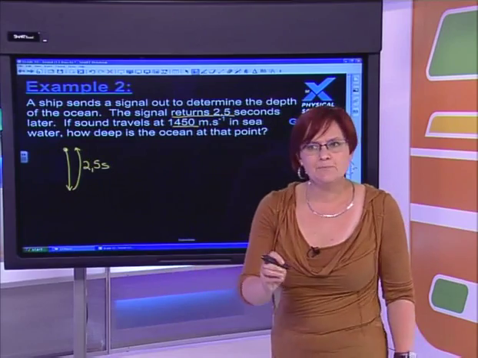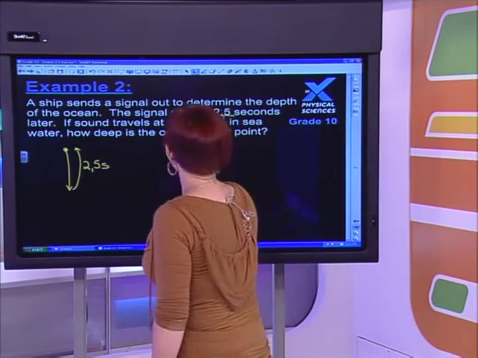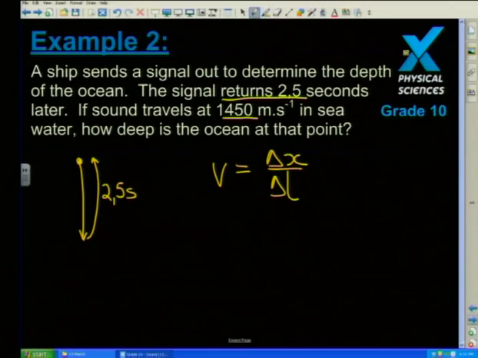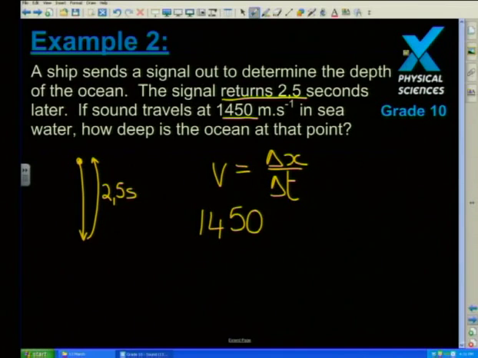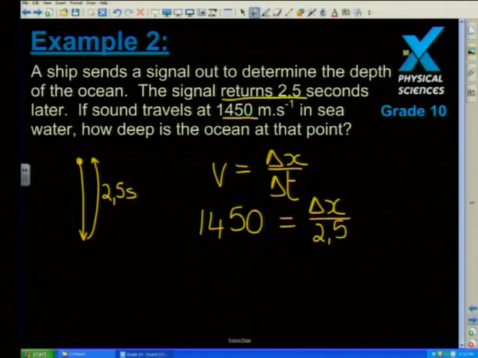We want depth, so we want delta x. V equals delta x over delta t. My velocity is 1,450. We don't know x, we know the time is 2.5 seconds.